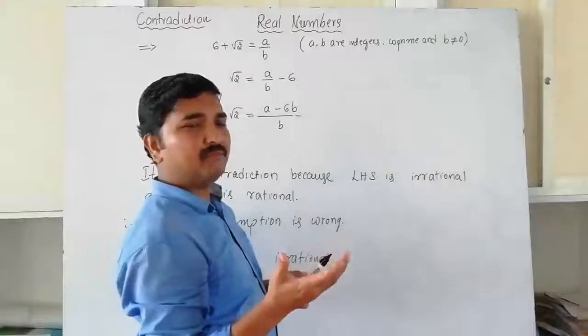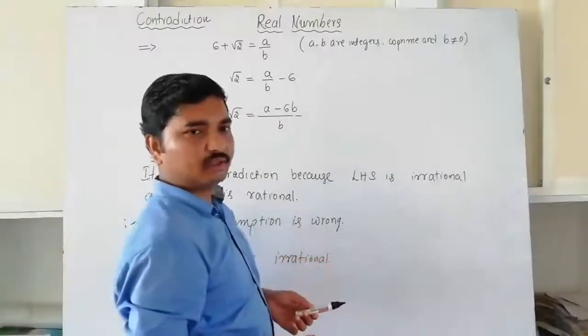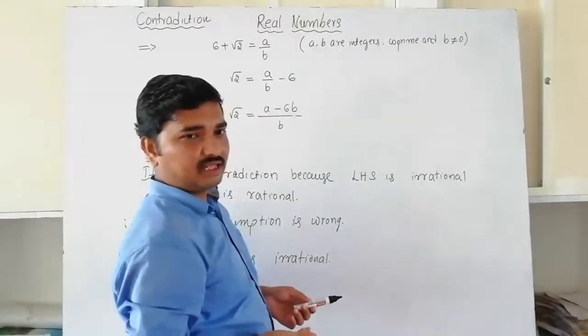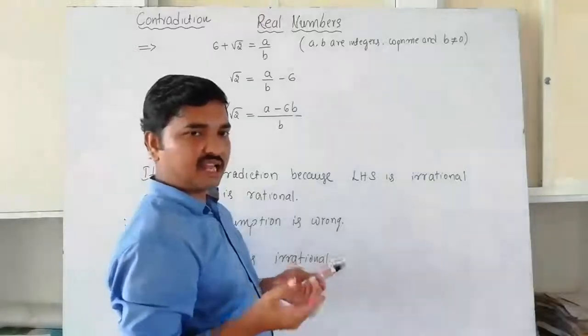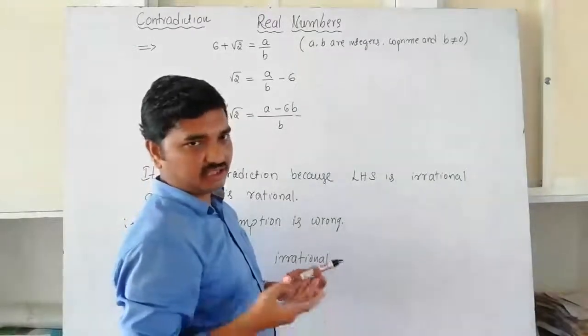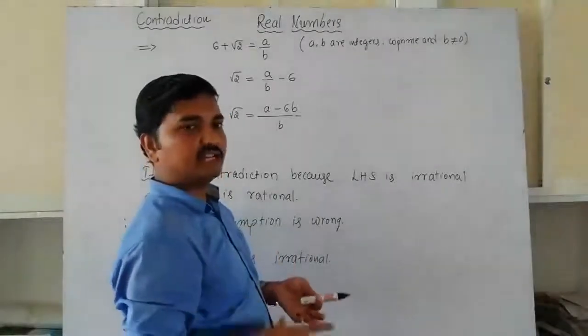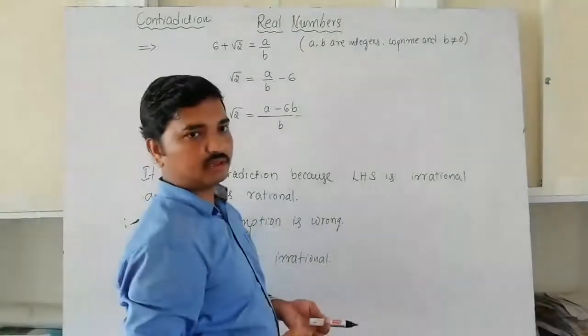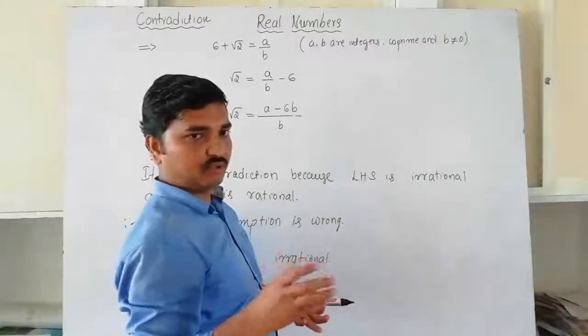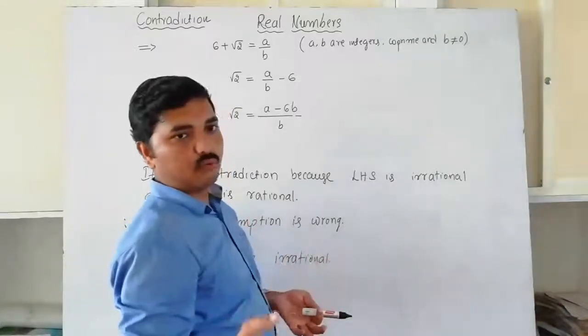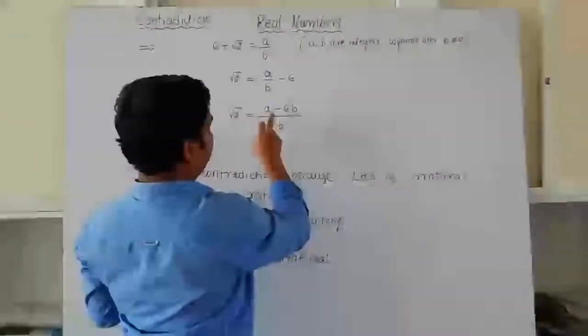When you multiply b by 6, 6b is again what? Integer. Okay, integer into integer, always integer. Integer plus integer, integer. Integer minus integer, integer. Integer divided by integer, answer is integer. Okay, whatever is true for rational, it is also true for what? Integers.